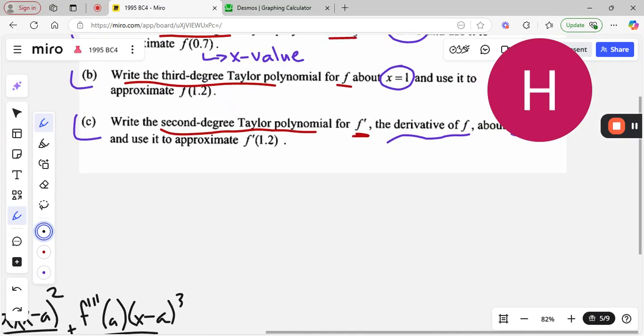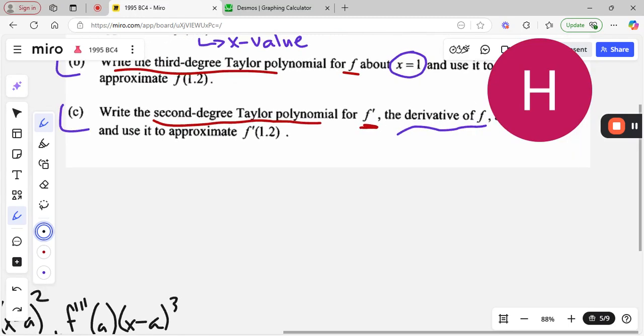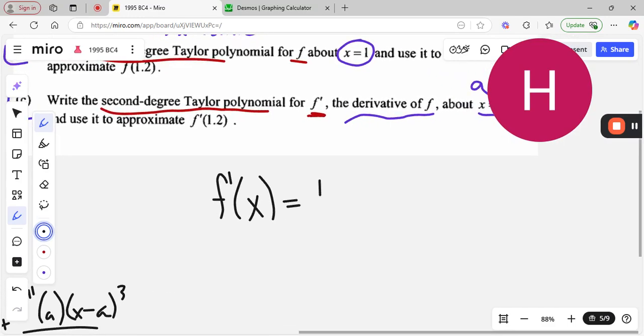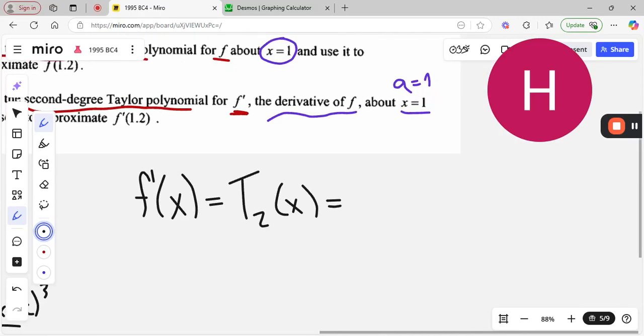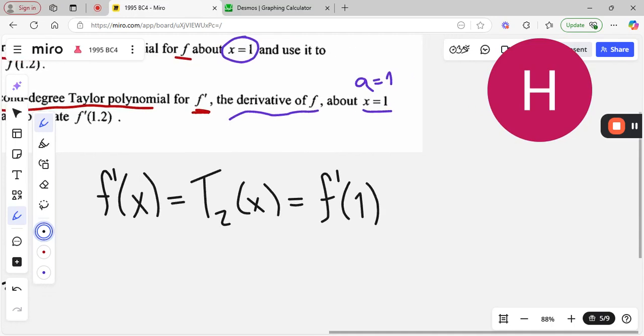So we're going to take the pattern of a Taylor polynomial, and we're going to basically elevate each of the terms. So instead of starting with f of a, we're starting with f prime of a. I might as well just put the 1 in there, honestly.